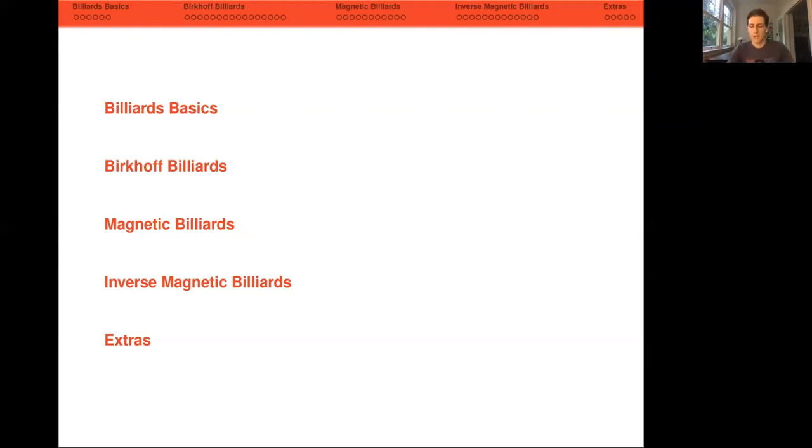And the main goals are going to be to compare magnetic billiards and inverse magnetic billiards to Birkhoff billiards and see what's the same and what's different, because as we know, billiards is a very broad subject and has lots of fun applications.